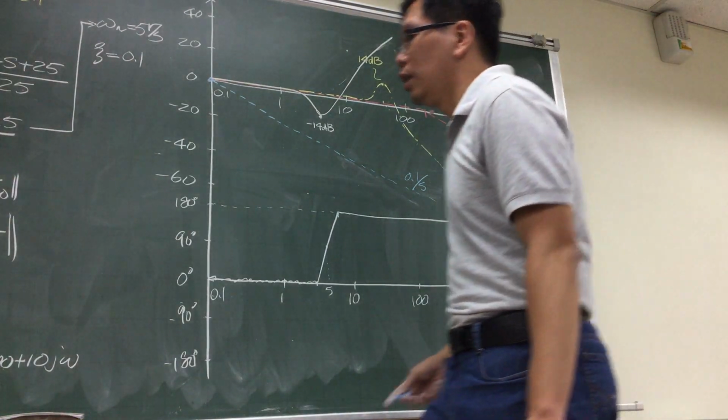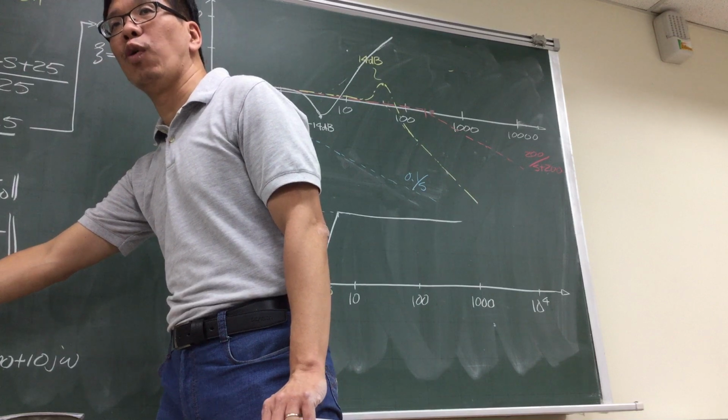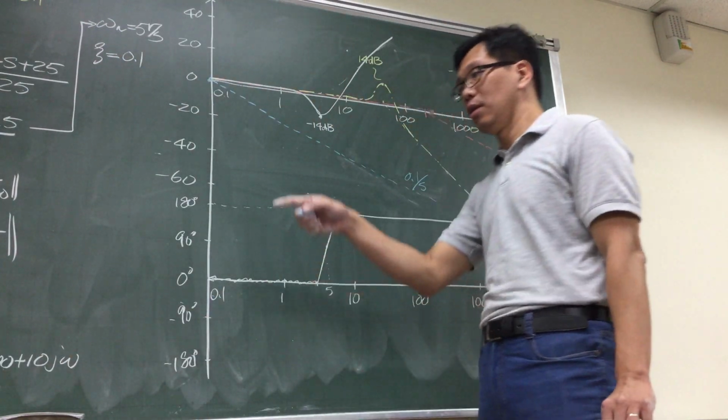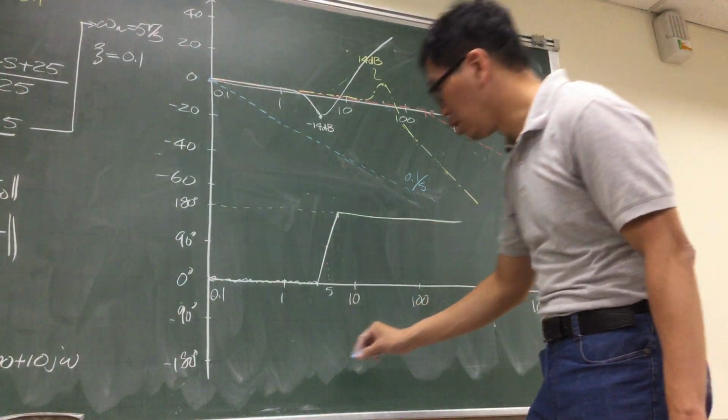For the second one over here, 0.1 divided by s, or j omega, it is always negative 90 degrees.